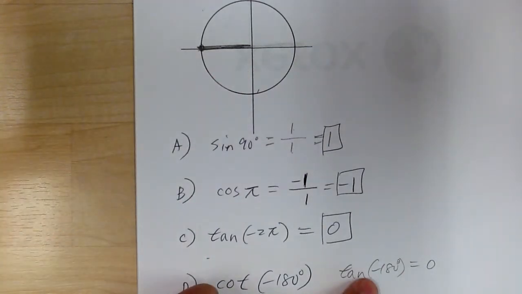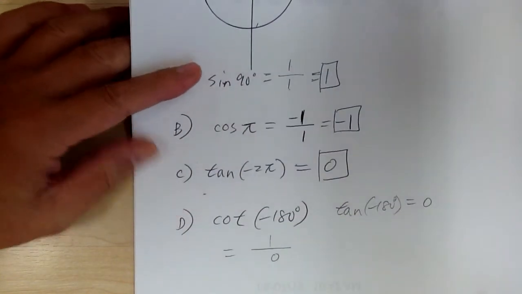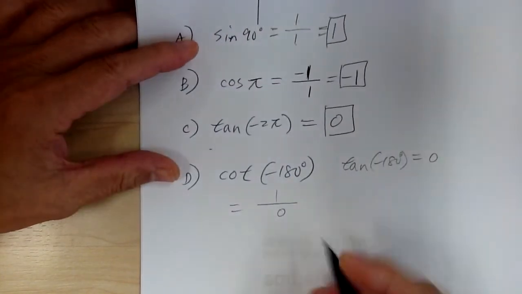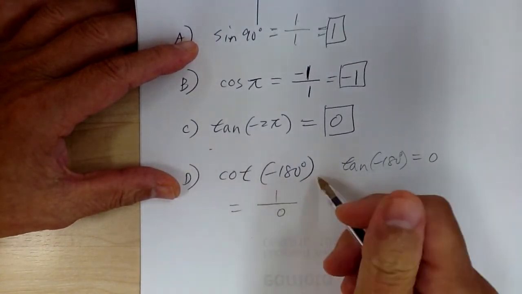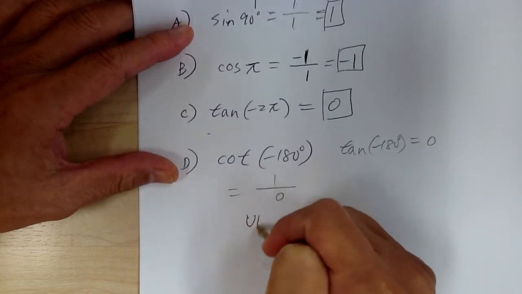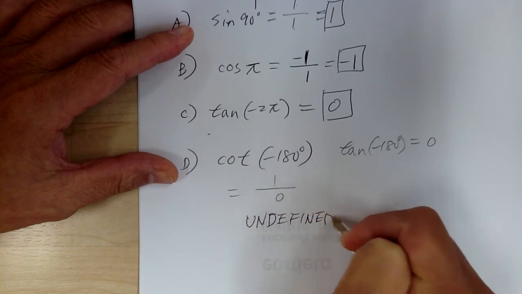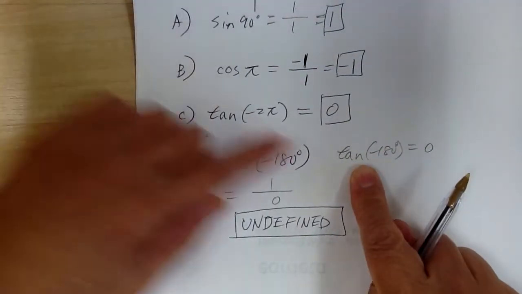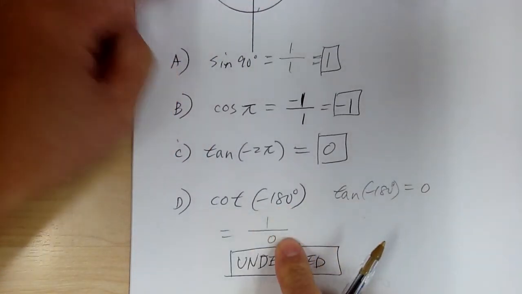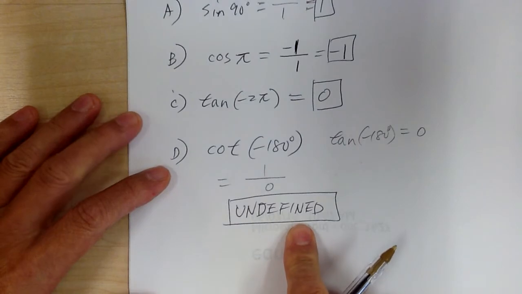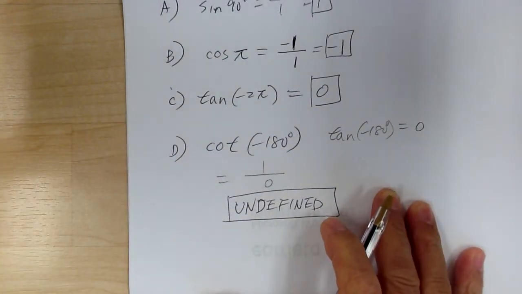Now cotangent is 1 over that, so this will equal 1 over 0. So this is undefined. You cannot do that. So the answer for cotangent of -180 is undefined. Because the tangent of -180, the slope, is 0, and 1 over 0 cannot be done, so it's undefined. So that's how you do the quadrantal angles.